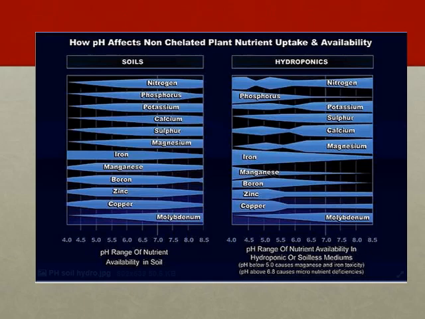I mentioned these two charts already and how there's a difference between hydroponics and soil in terms of nutrient availability. If you look at this picture closely, you'll see that down here it says also soilless mediums. That's true to some extent, but not quite. So what you see here is like a true hydroponics chart.